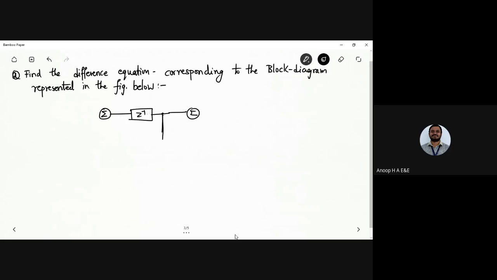Just before the summer, you have another scalar multiplier with minus 1 by 4 in the block, and input is x of n, and this one over here is coming back, and it is plus. Fine. So next, this is one more summer. This you are going to have z inverse, and this one is y of n.